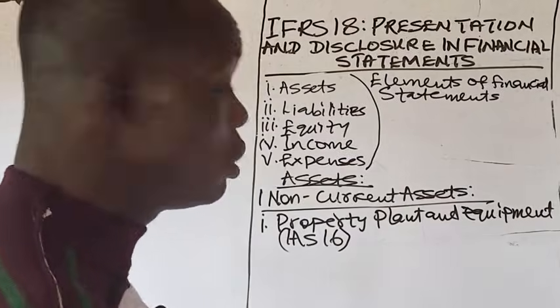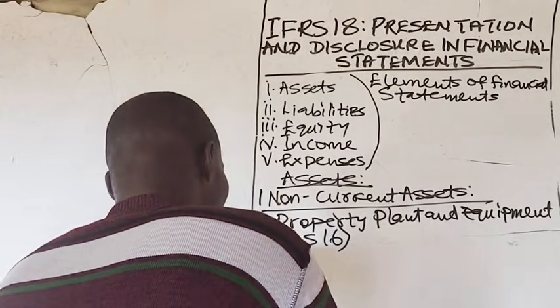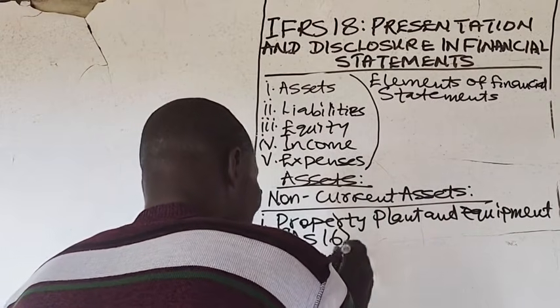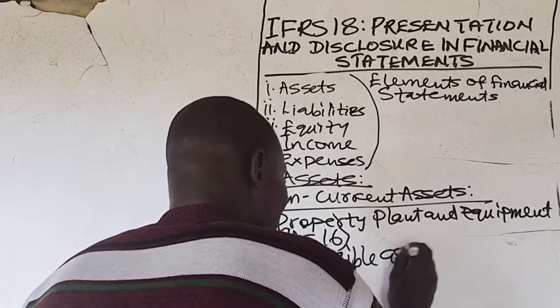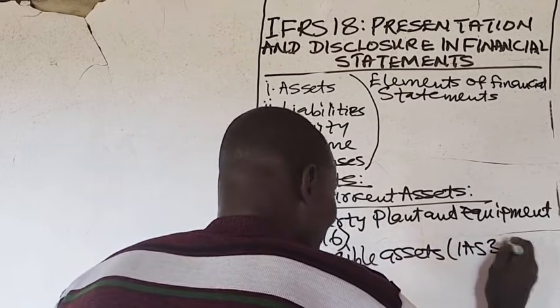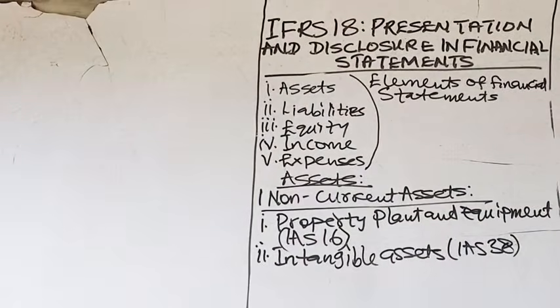Number two, we have intangible assets, covered in IAS 38.